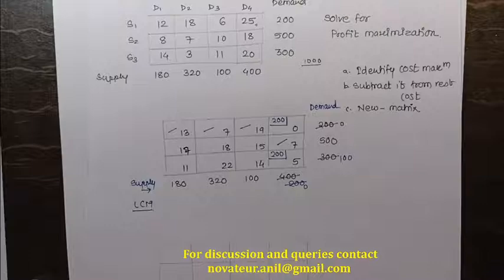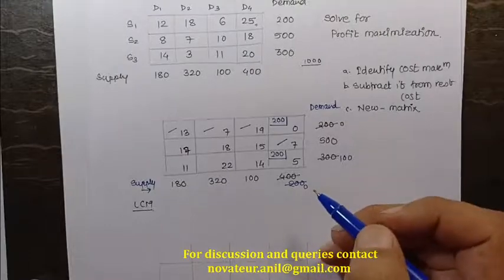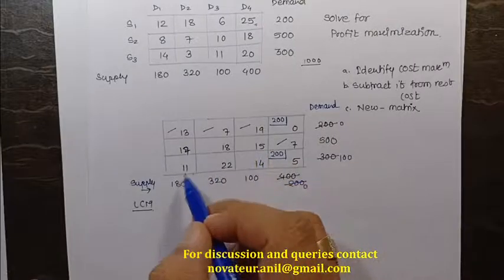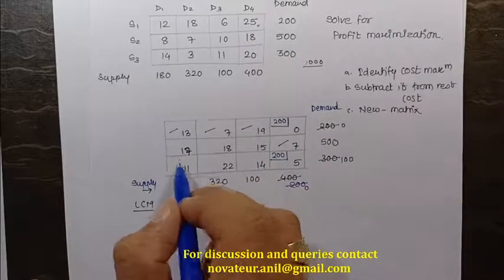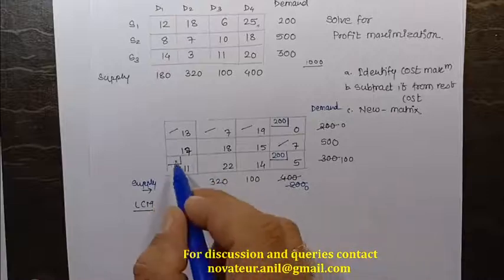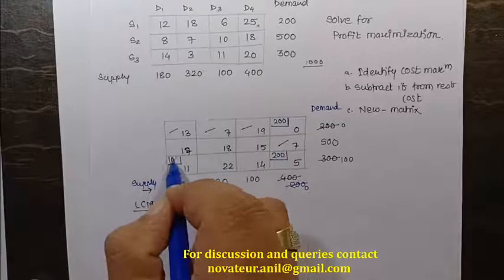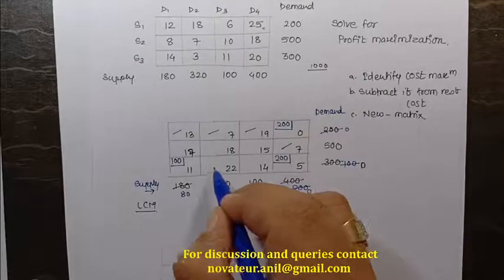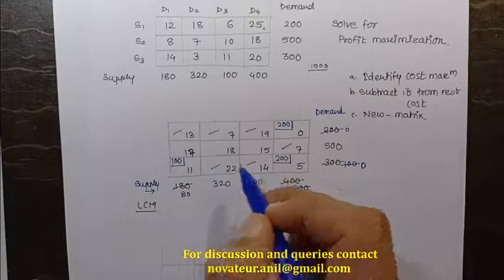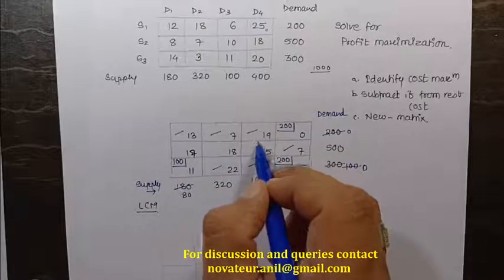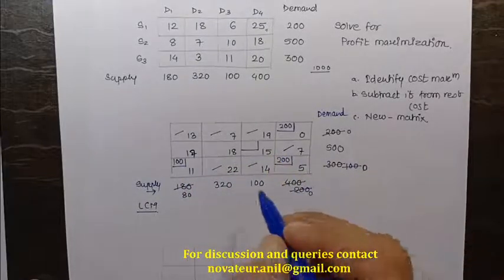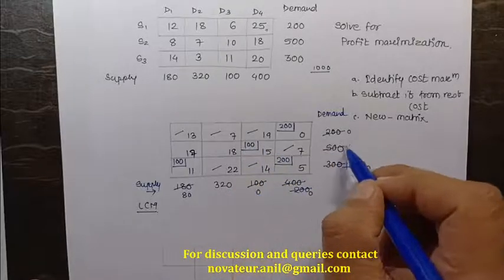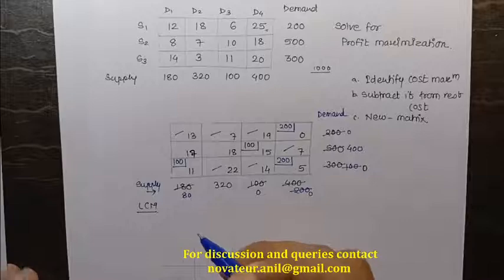So here it is 0, so this will be eliminated. For the rest, I'm going to identify the smallest element, which is 11, so I'm going to assign to the cell which has the cost 11. Here I will assign 100, so the remaining is 80, this becomes 0, so this row will be eliminated, and the rest is 17, 18 and 15. 15 is the smallest, so I'm going to assign to it 100, this becomes 0, remaining is 400.